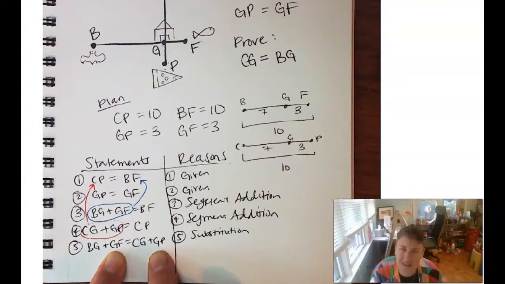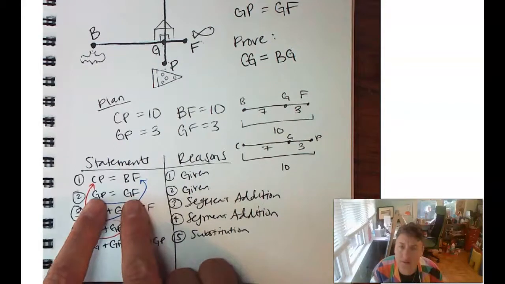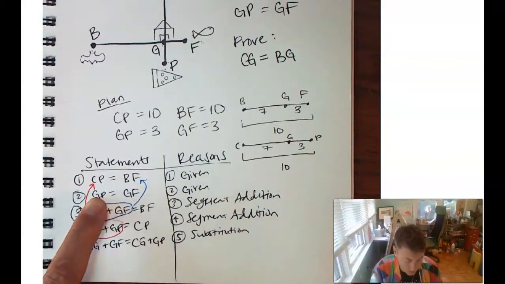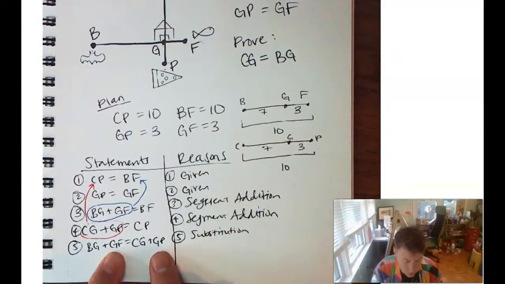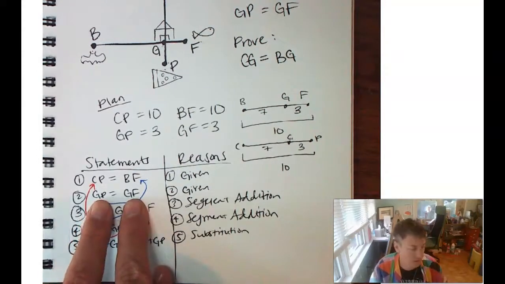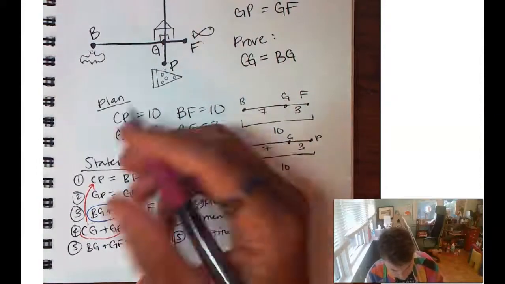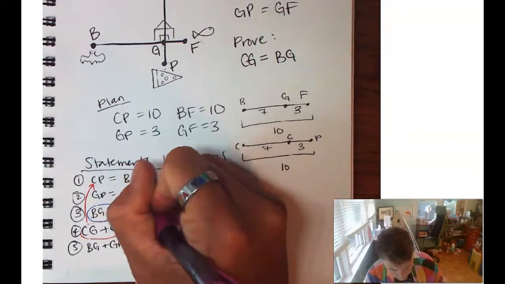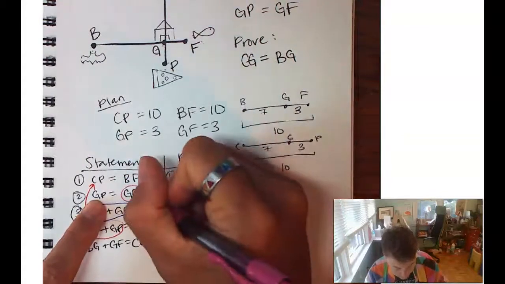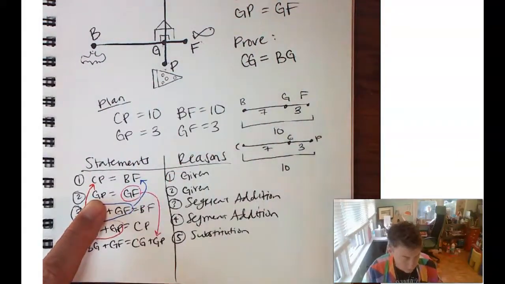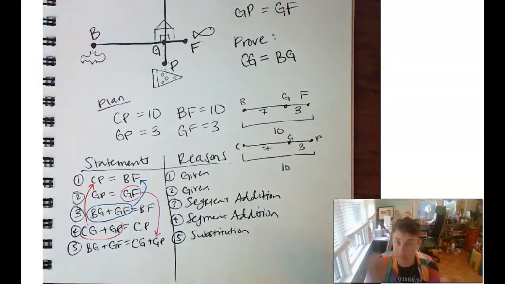Where else do we see that in the information that we've written down? Up here. Well, they're actually equal to each other. GF and GP are equal to each other, way up here where we were given. So let's take this GF and plug it in for GP in this equation. Again, why are we allowed to do that?